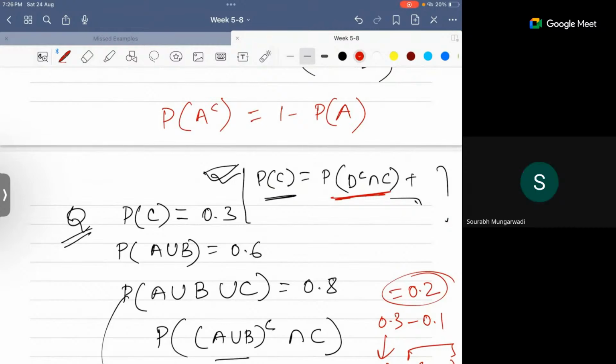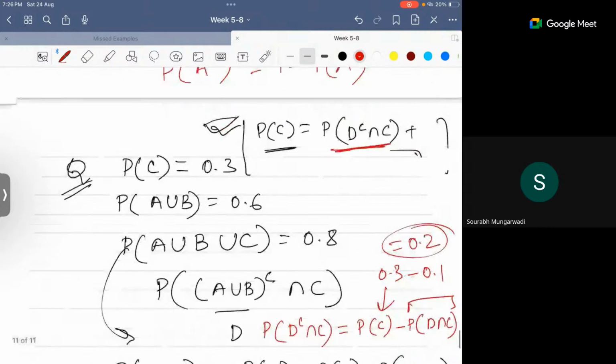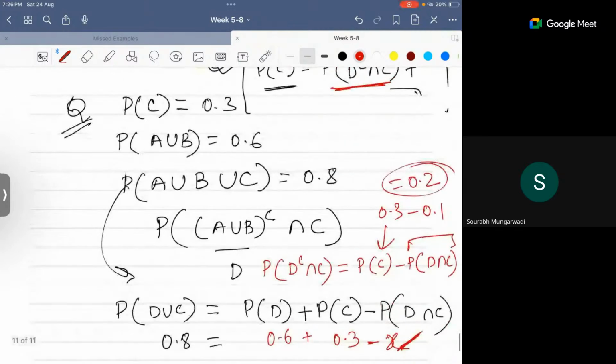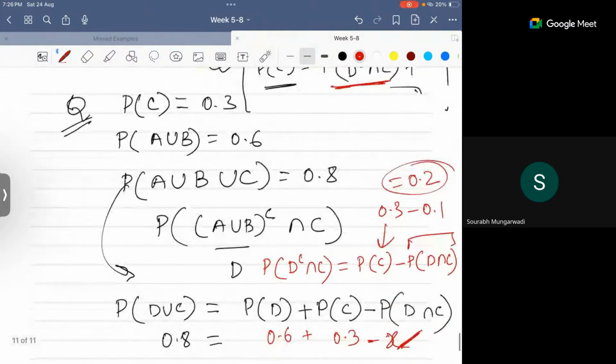One doubt here. Sir, below you took the probability of D as 0.6, but should we consider 0.4, because we took the probability of A union B complement as this one?